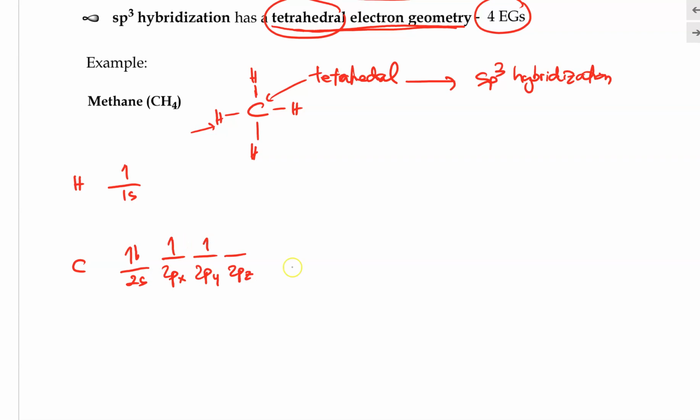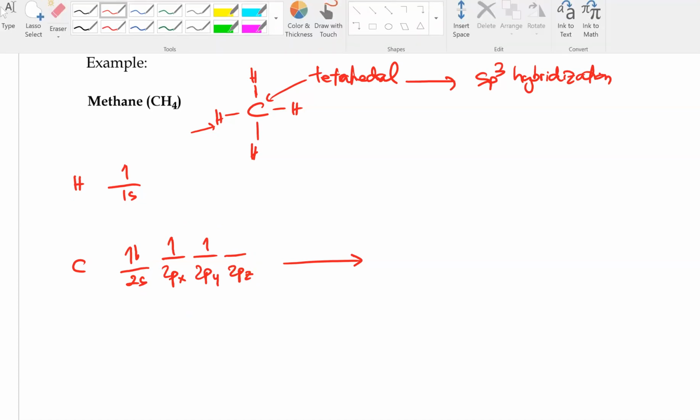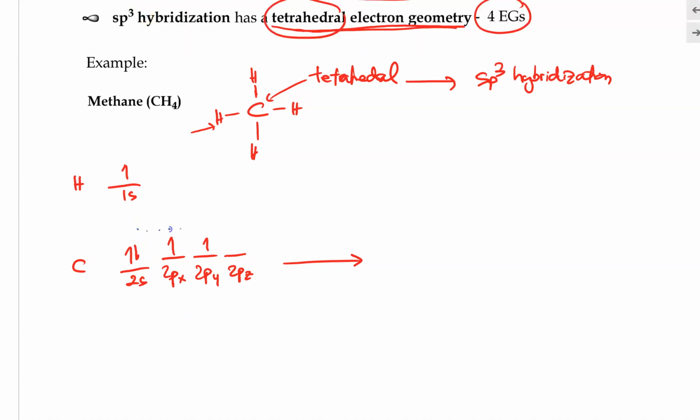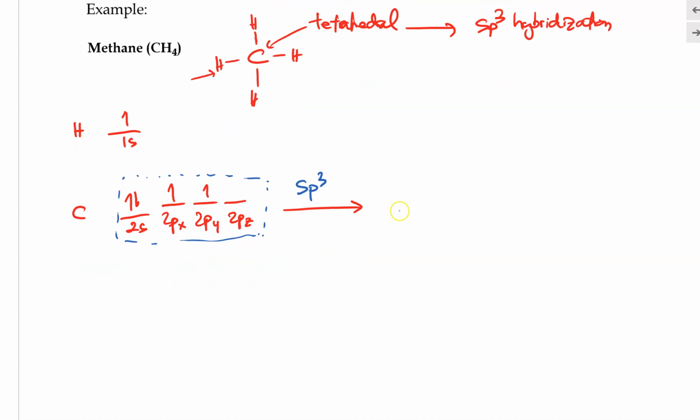In the case of sp3 hybridization, all three of these p orbitals are involved in the hybridization process. So basically, we will be combining these 4 orbitals together, and that's the meaning of sp3 hybridization. As a consequence, we produce 4 hybrid orbitals.